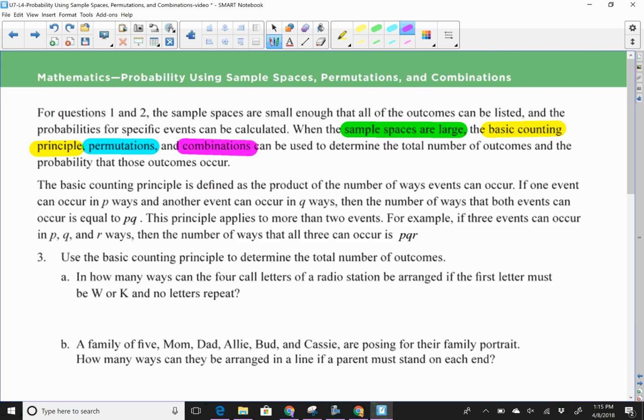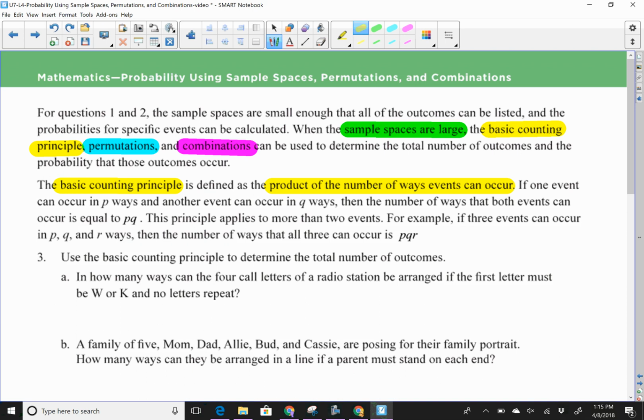Okay, so the first one that you have is the basic counting principle, and it is defined as the product of the number of ways the events can occur. Now, this particular one is only 2 events, but it doesn't matter how many events, as you see as we keep going.